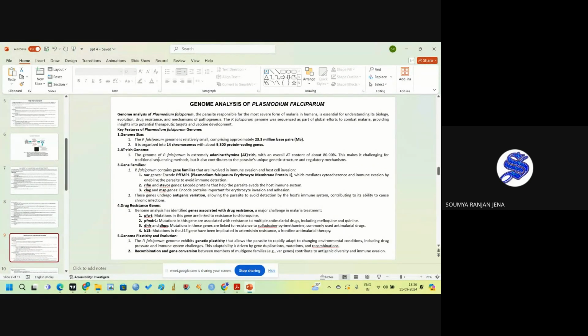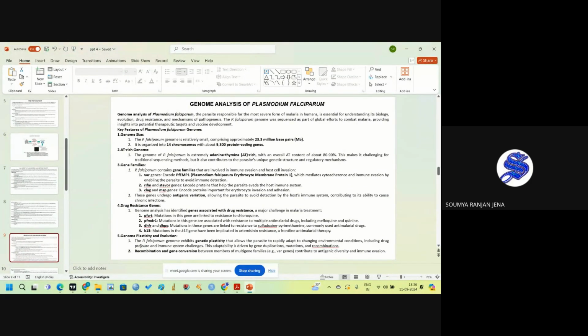This genome is extremely adenine and thymine rich, with an overall AT content of about 80 to 90%. This makes it challenging for traditional sequencing methods, but it also contributes to the parasite's unique genetic structure and regulatory mechanisms.